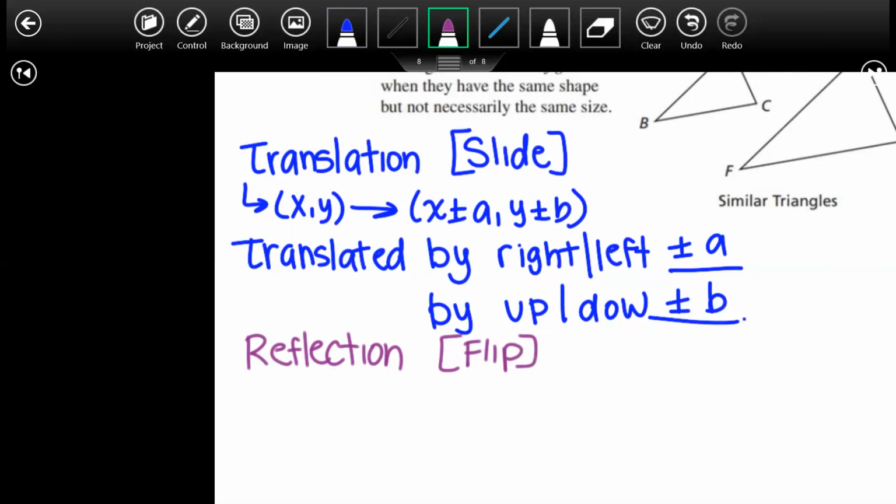We didn't teach you this, but you could see it again if you have notations like this: (x, y) in which you get a reflection of (negative x, y) is considered a y-axis flip.